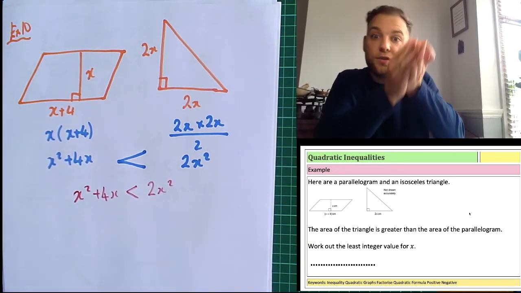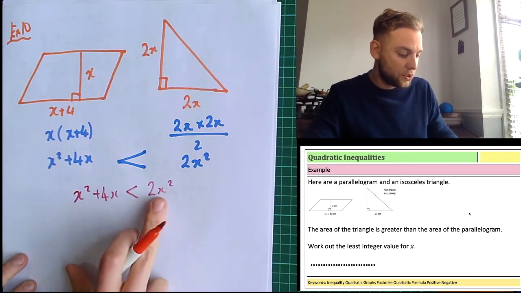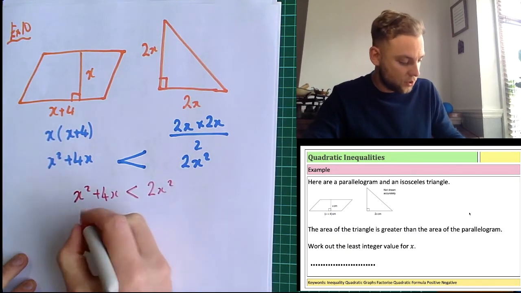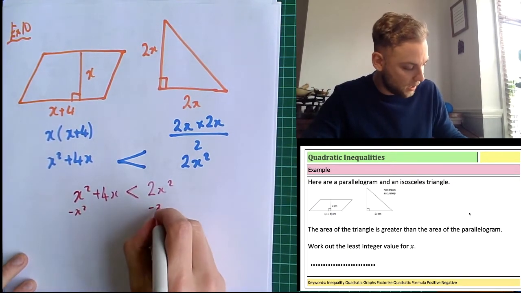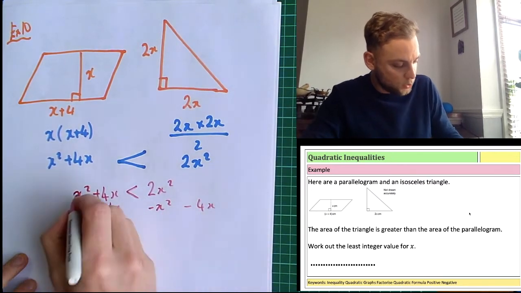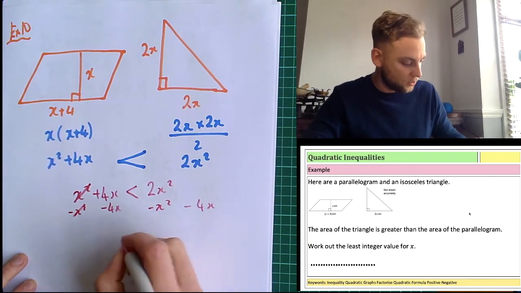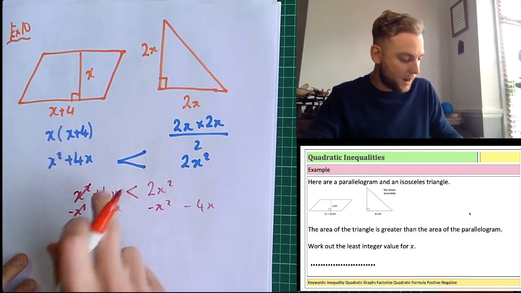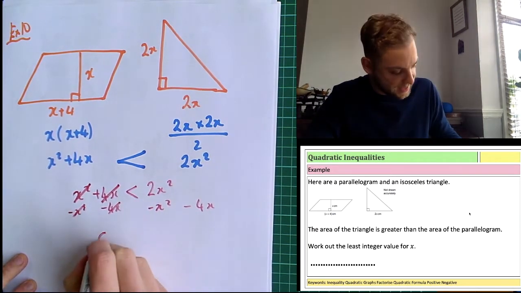I'm going to take these over to the right hand side to make sure that this stays positive. So minus x squared from both sides, and also minus 4x from both sides as well. If I minus the x squared from both sides, I end up with nothing there. Minus the 4x from both sides, I end up with 0 on this side.